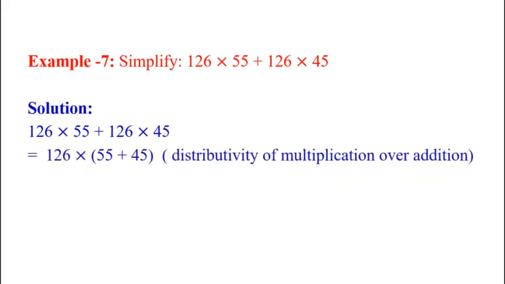Here we use the distributivity of multiplication over addition, that is A into B plus A into C is equal to A into (B plus C). So this becomes 126 into (55 plus 45), which is equal to 126 into 100, that is equal to 12,600.